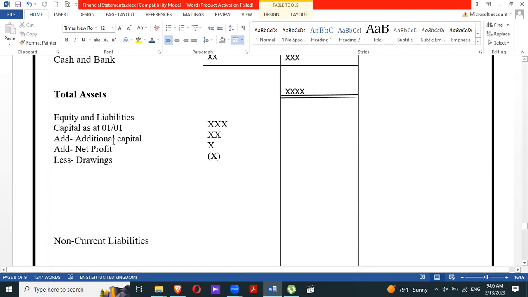For the opening capital, you add additional capital, then add net profit. When there's a loss, you deduct it, and less drawings. Right, now you can take the answer to the next column.